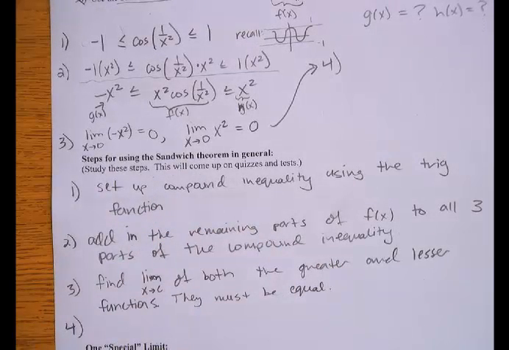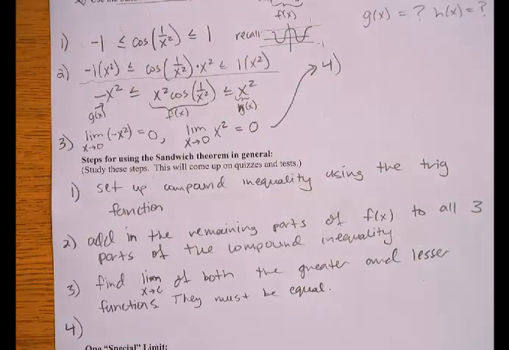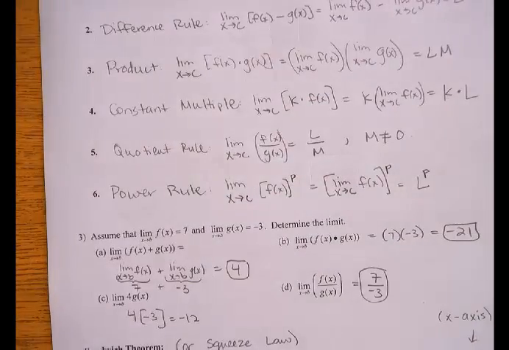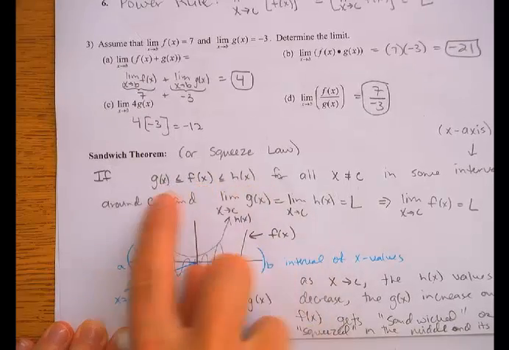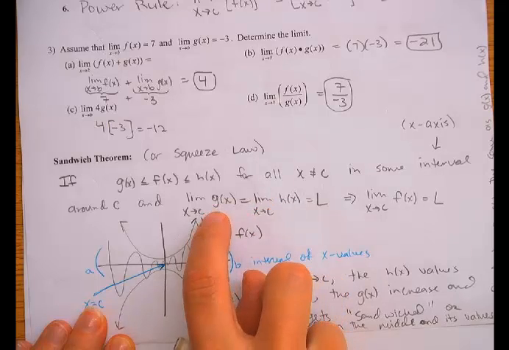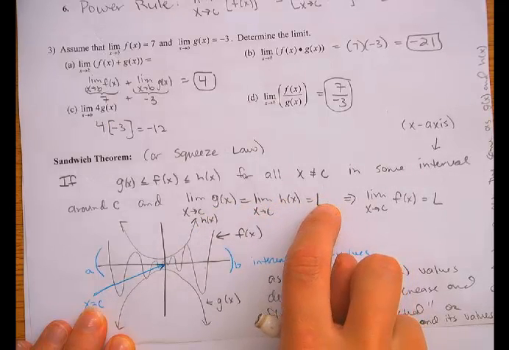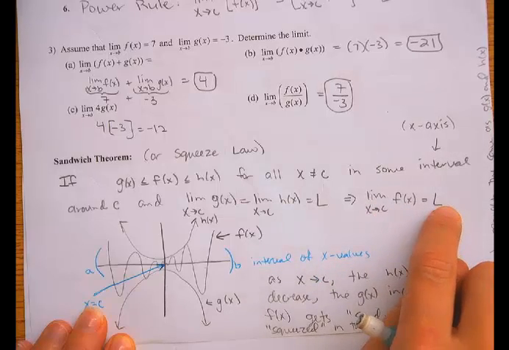Okay, so then step 4 again is only doable if the limits in part 3 are the same. So then if they are, what we've basically done is we've set up the conditions for sandwich theorem. So if you recall, sandwich theorem said if you have a function in between 2 other functions, and the limit of those 2 other functions that it was in between are equal, it then forces that middle limit to be the same value.